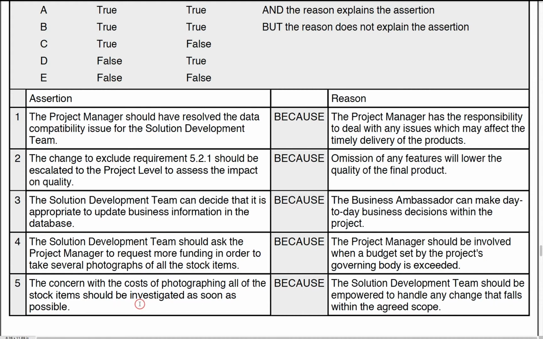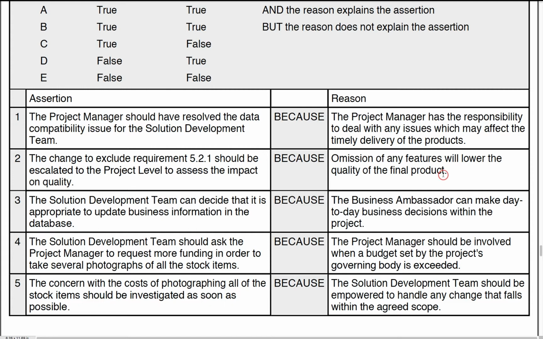Okay, so let's have a look now at our reasons. Reason 1: the project manager has the responsibility to deal with any issues which may affect the timely delivery of the products. This is certainly very true. Affecting timely delivery of the product is the point, and therefore the PM has the responsibility to deal with those issues. That's a true statement. Reason 2: omission of any feature will lower the quality of the final product. Remember, fit for purpose quality means delivering the minimum usable subset, the musts.